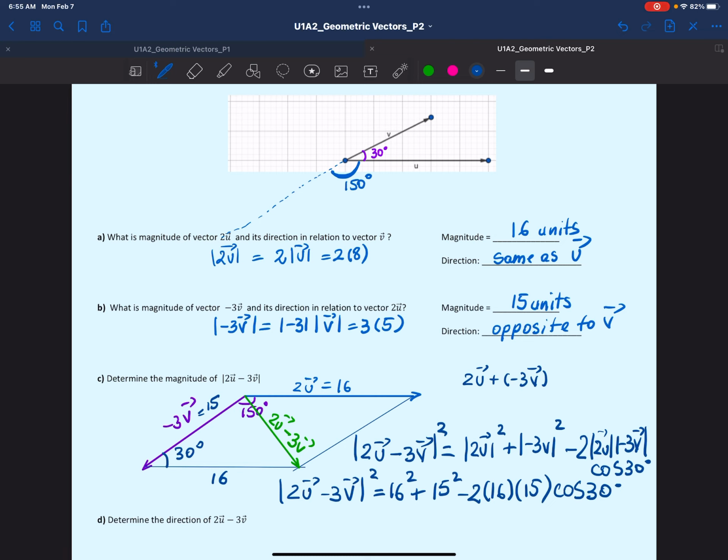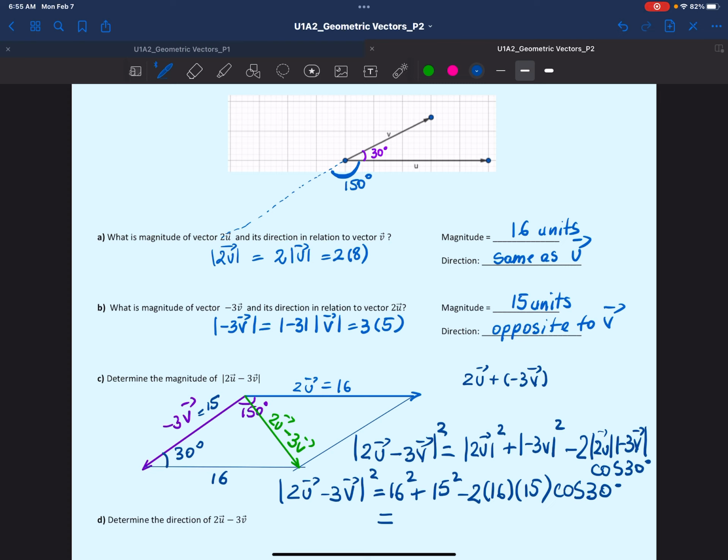Now calculator, and that will give us the value of 2u minus 3v squared, obviously. So 16 squared plus 15 squared minus 2 times 16 times 15 times cosine of 30. Remember to set the calculator to degree mode.